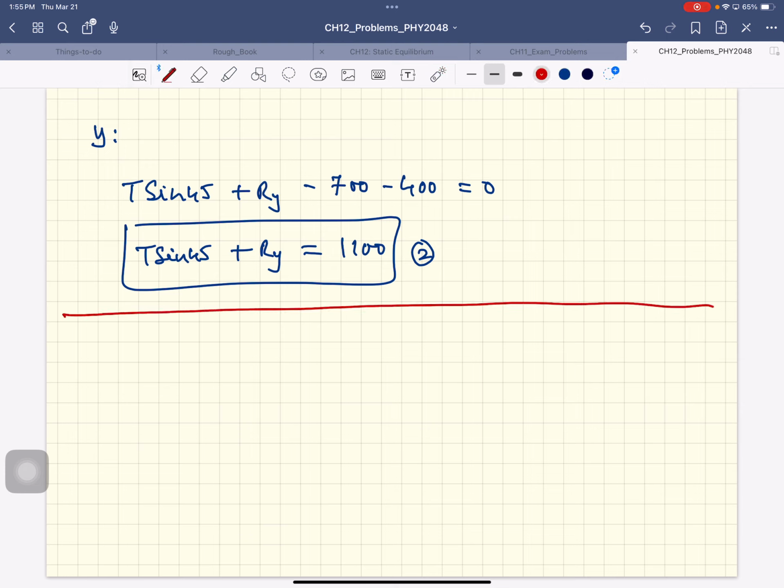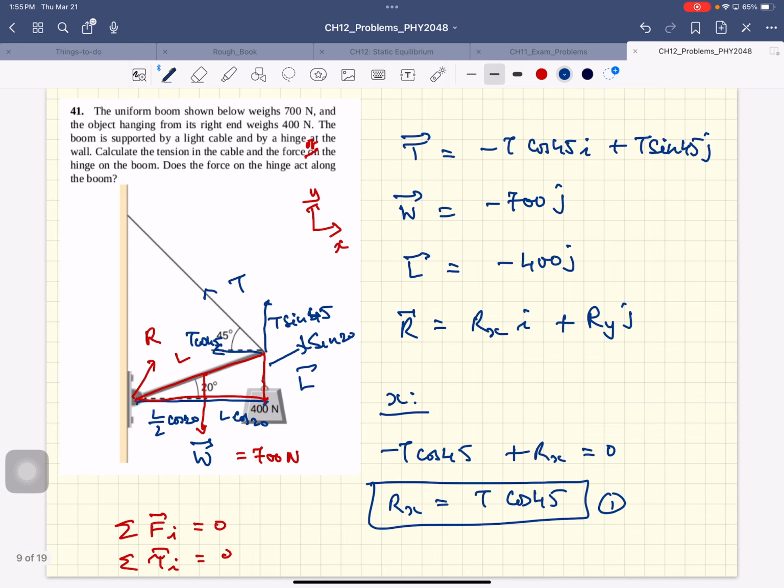All right, so now we are going to apply this equation, and we are going to calculate all the torques about this point.